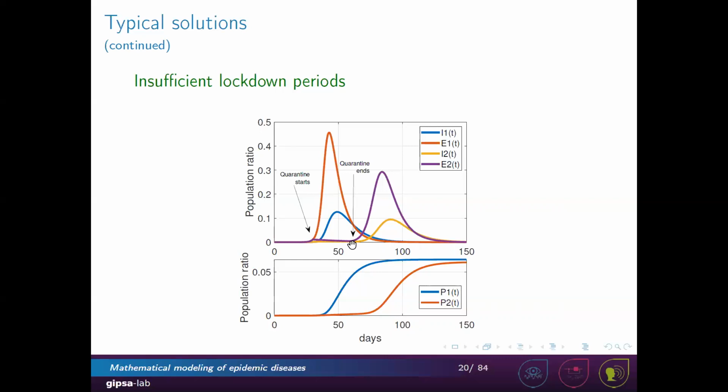And as soon as we lift the lockdown and people go back to their ordinary life and social activities, we will have the second outbreak, and the overall death toll will be exactly the same after about 5 months.